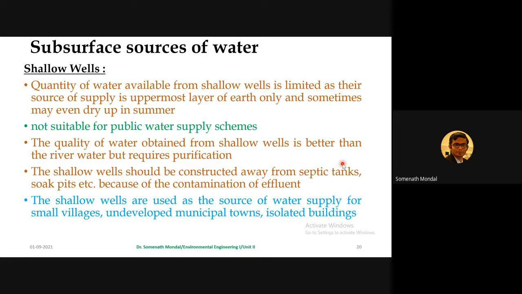Basically, for individual houses, shallow wells can be considered an alternative source of water. Whenever you are not getting water from your steady source, or you are unable to meet the demand at home, you can take the extra water from this kind of well. This is the main philosophy behind constructing shallow wells.